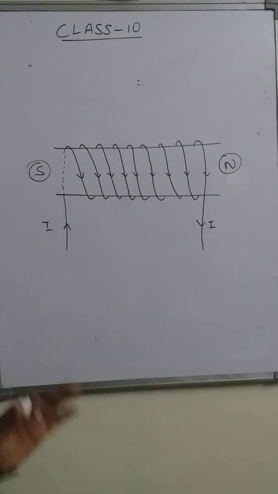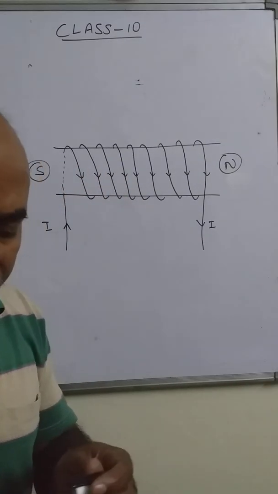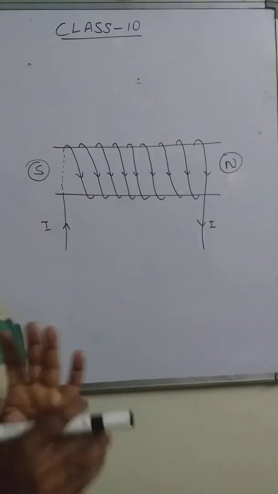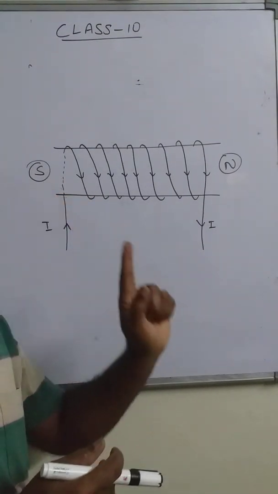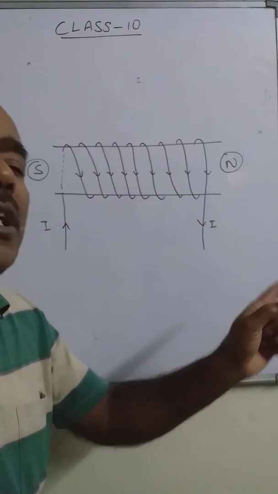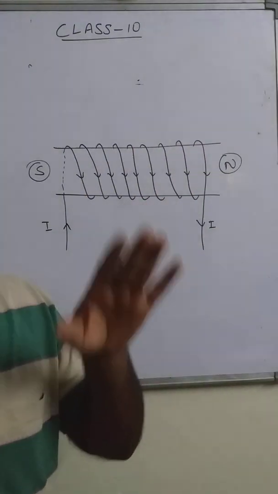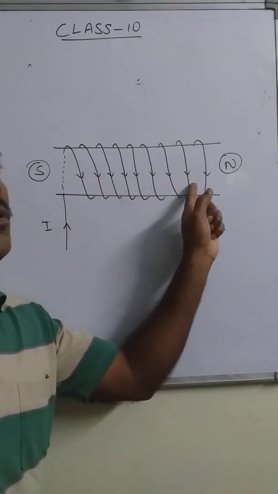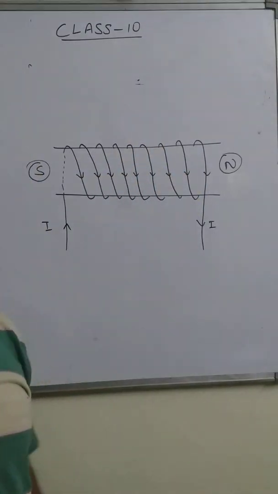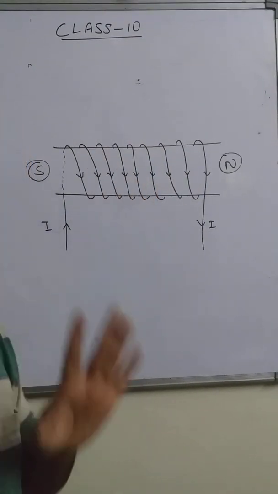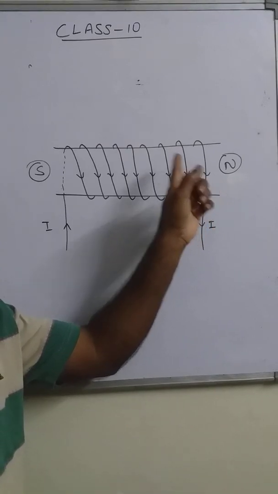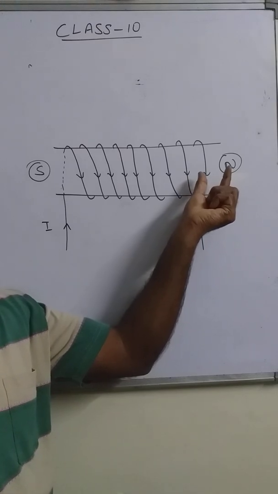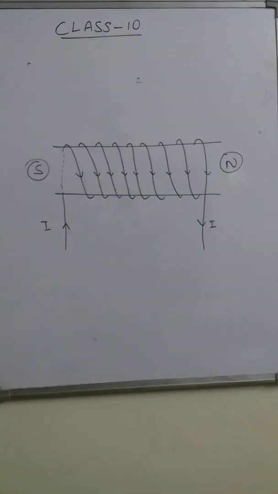So this current carrying solenoid produces a magnetic field with one end south pole and the other end north pole. It behaves like a long magnet placed inside the solenoid along its axis. Can it be imagined? Yes, it can be imagined in such a way.